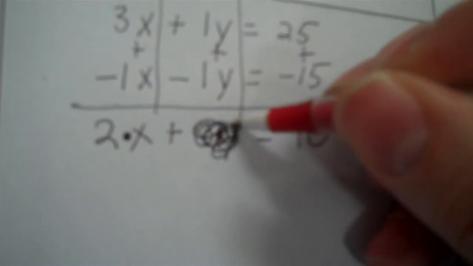So 0 times a variable is 0. Now you have 2 times X, and you just divide by 2. So X equals 10 divided by 2, which is 5. If this goes well, I'll teach you how to solve for the second one in the next video.